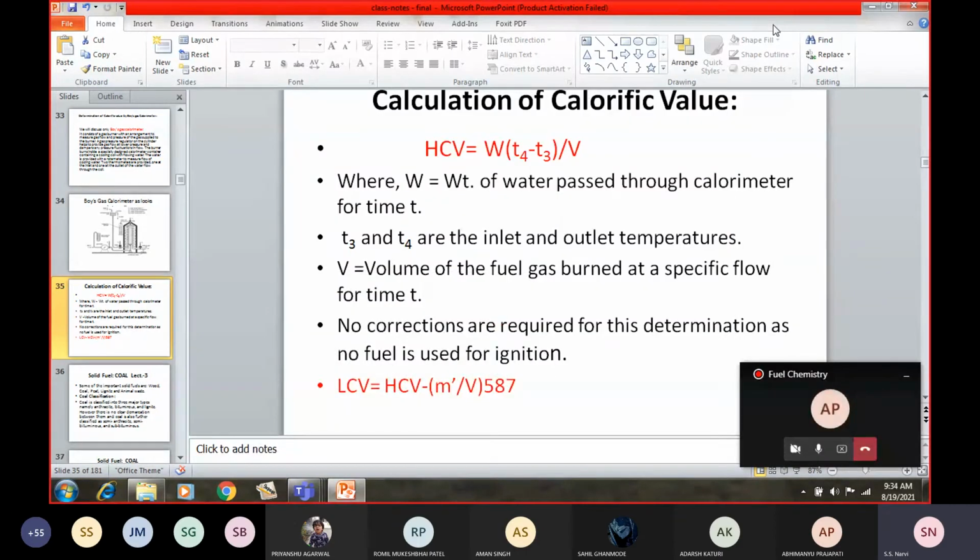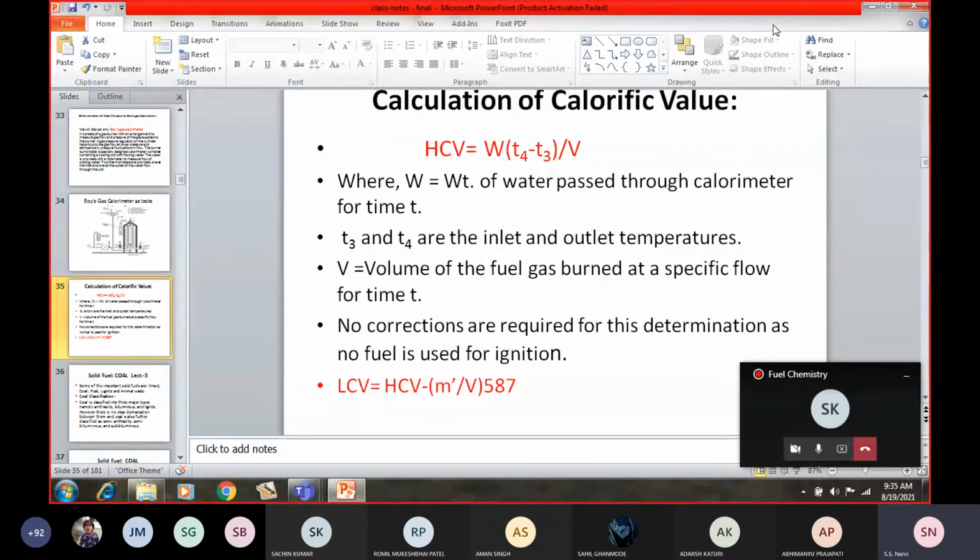So which calorimeter gives accurate value of calorific value? Both of them give you the accurate value of calorific value. First thing, you see, the type of sample which is needed for both of them is different. In bomb calorimeter, you are weighing the sample in gram, isn't it?